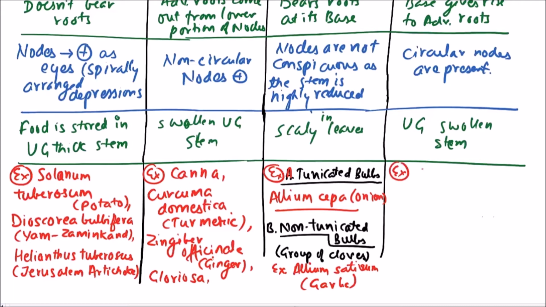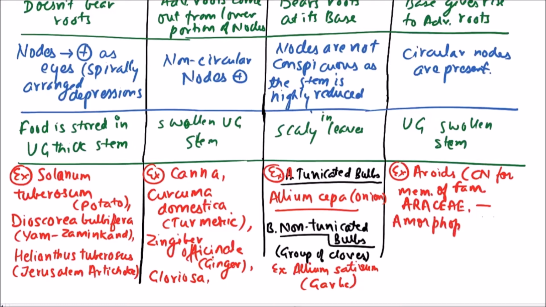In corms, the examples include aroids. Aroids is basically the common name for members of family Araceae, in which Amorphophallus and Colocasia esculenta, commonly known as arvi, are included.